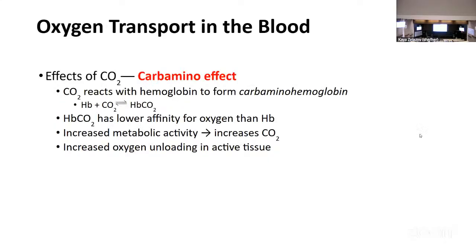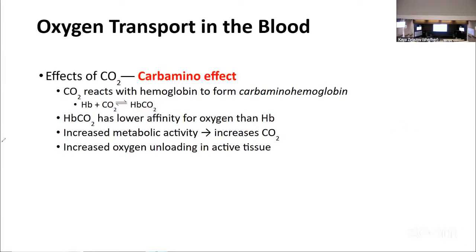So carbon dioxide on its own, even if it hasn't affected the pH, also has an effect on this affinity of oxygen for hemoglobin, right? So this is our carbamino effect. So think about carbon dioxide, carbamino for that naming there.